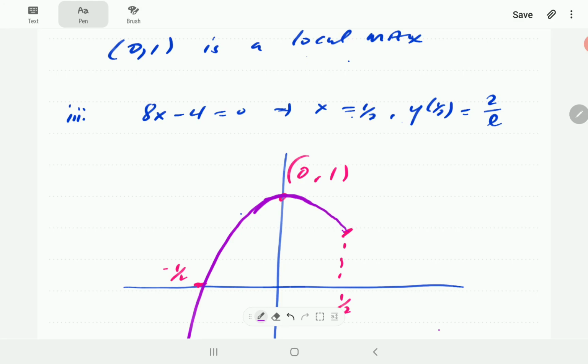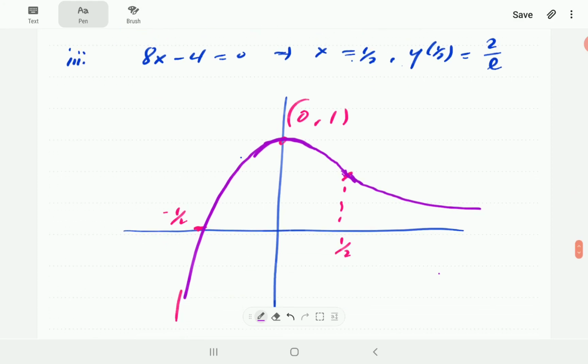So it's concave down up to there, and then from there it changes to be concave up, and then it approaches the x-axis asymptotically. So that's what the graph is going to look like. Of course, in terms of concavity, concave down on the left hand side of x equals half, concave up on the right hand side of half, increasing up to x equals 0, decreasing after x equals 0 on the right hand side.